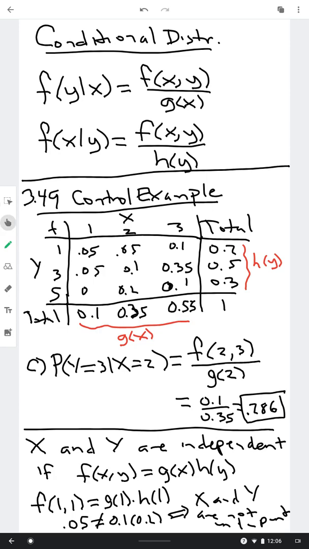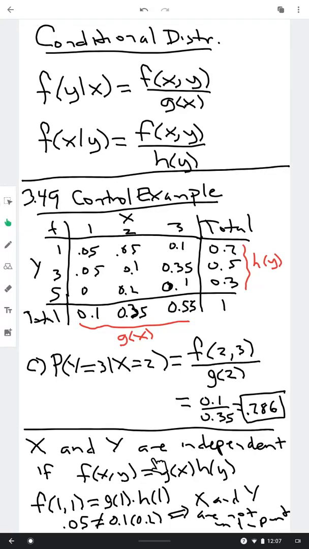Before I continue with this, I need to clarify a couple of things. Suppose, for example, that f of 1, 1 was equal to g of 1 times h of 1. Can I say that x and y are independent at that moment? The answer is no. I would need to look at every single possible combination of x and y: 1, 1, 1, 2, 1, 3, 3, 1, 3, 2, 3, 3, 5, 1, 5, 2, and 5, 3, and see if every combination was equal when I look at their joint versus the product of their marginals.